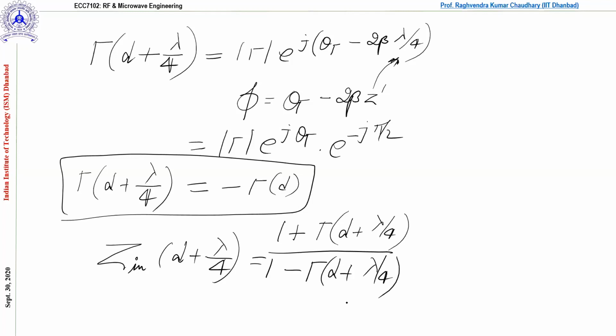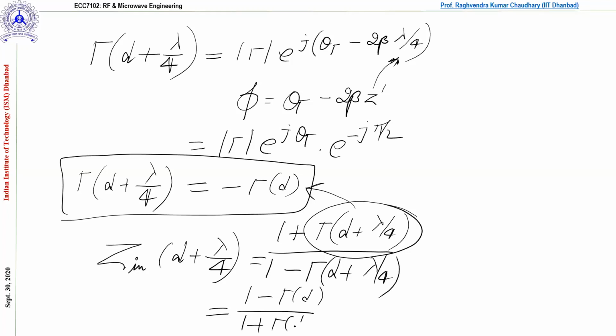Now can we solve? Yes, we already have the solution for this. Please check. We can write this as 1 minus gamma d over 1 plus gamma d. Now what is this actually? This is the normalized input admittance, correct?